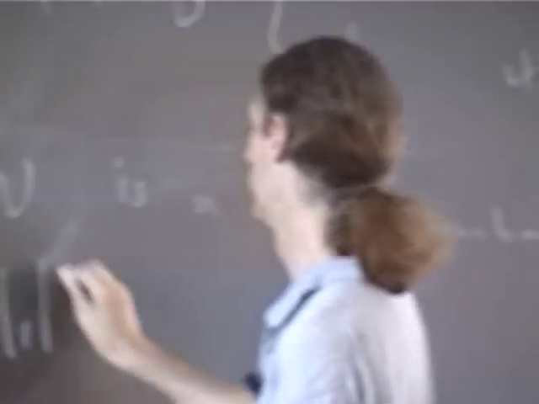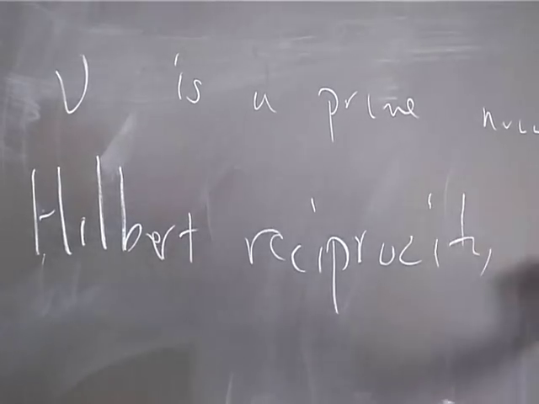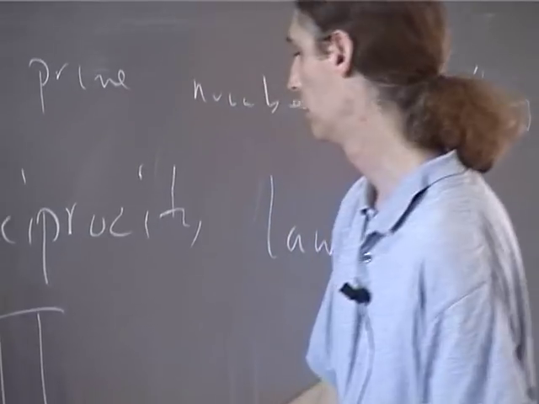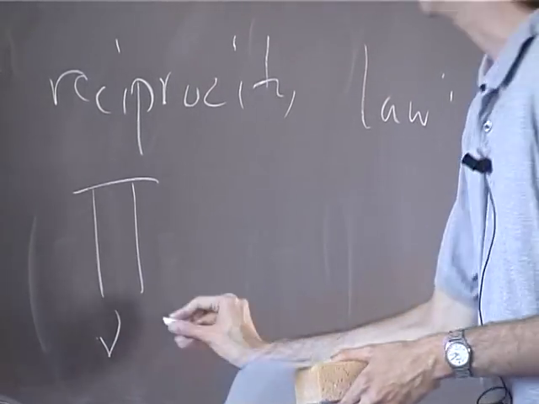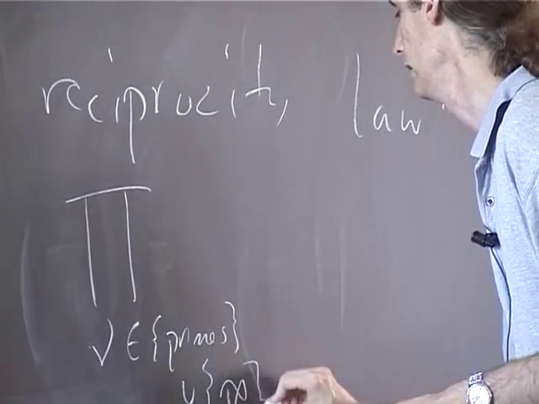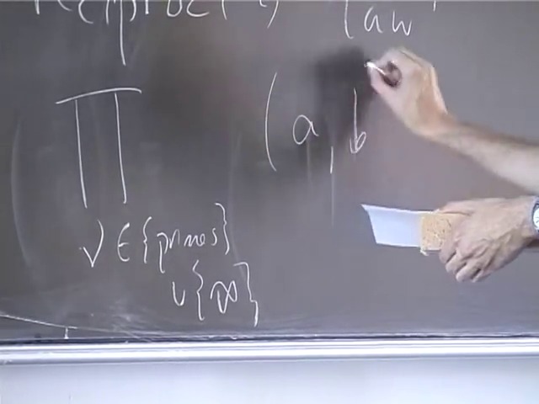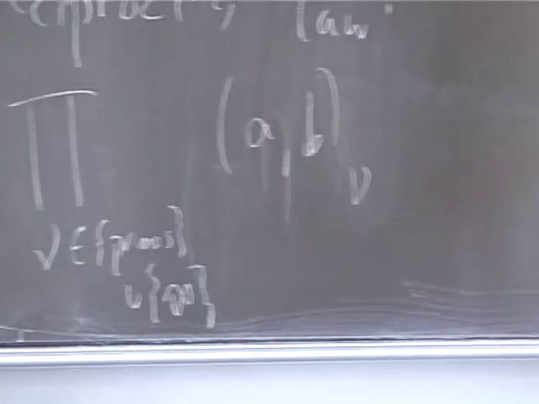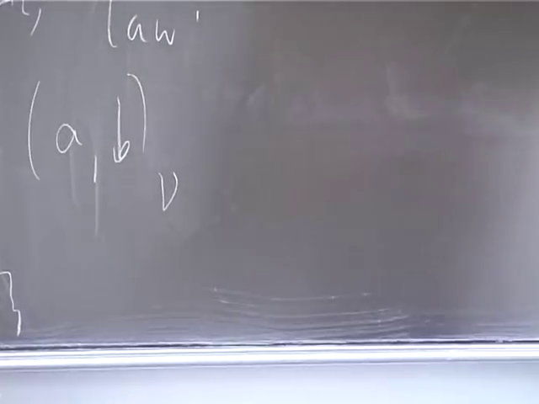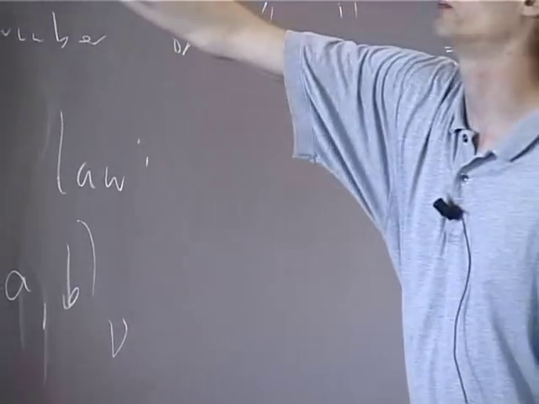So the Hilbert reciprocity law states that the product over all places, so this means primes as well as infinity, of the value of this Hilbert symbol is 1. By this remark, there can only be finitely many primes for which it takes the value -1.